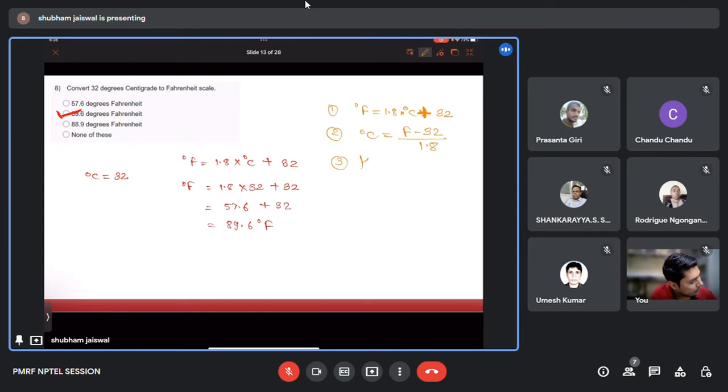Similarly, the Celsius scale can be converted into the Kelvin scale by adding 273 to the centigrade value. Similarly, the Rankine scale is the Fahrenheit value plus 460. So these are the four conversion formulas to convert from one scale to another.